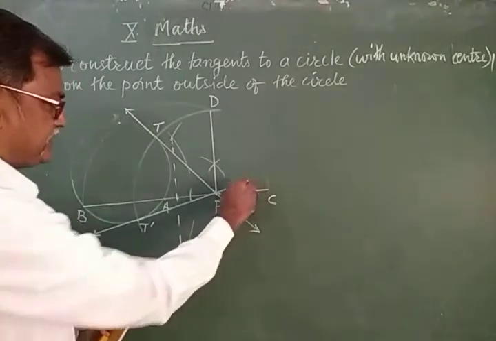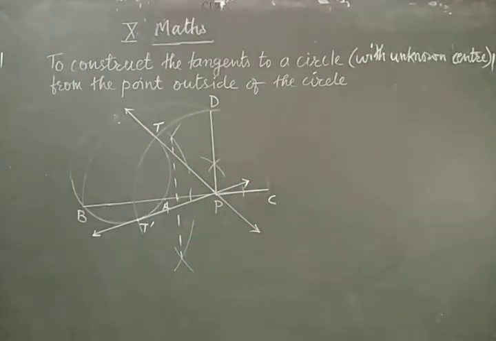This PT and PT dash are the tangents to the given circle. So, this is the construction.